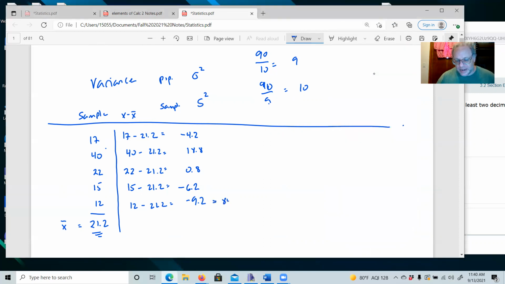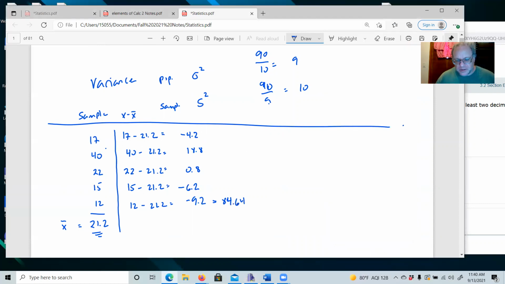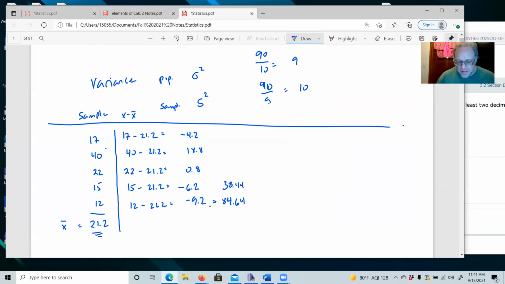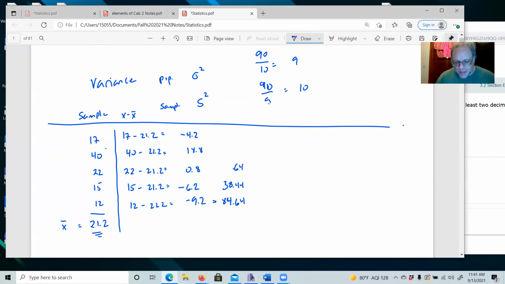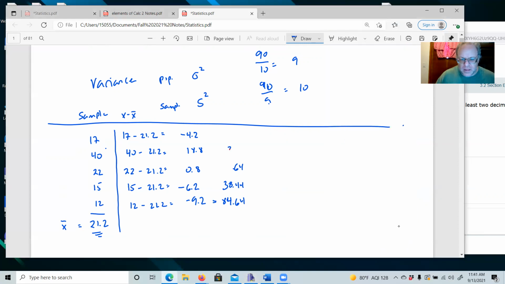So this is 84.64. Then 6.2 squared is 38.44. 0.8 squared is 0.64. 18.8 squared is 353.44.